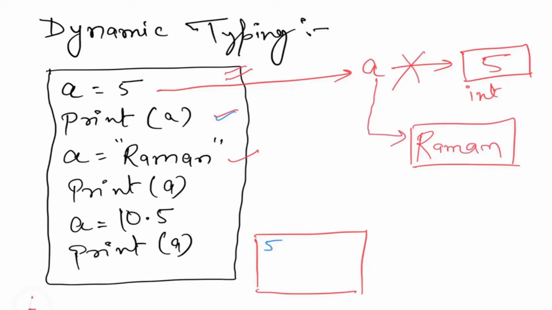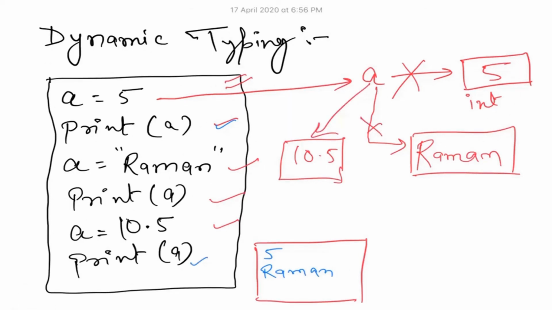So after this print statement, it will print Raman, and then the interpreter will execute a equals 10.5. Then a will point towards a memory block having value 10.5. So after the execution of print a, it will print 10.5.